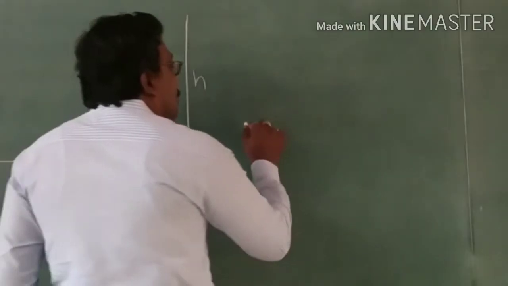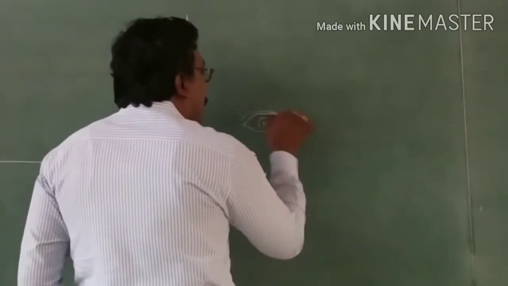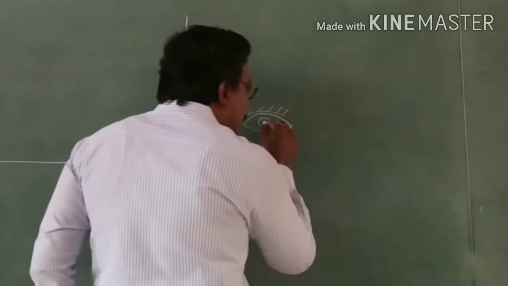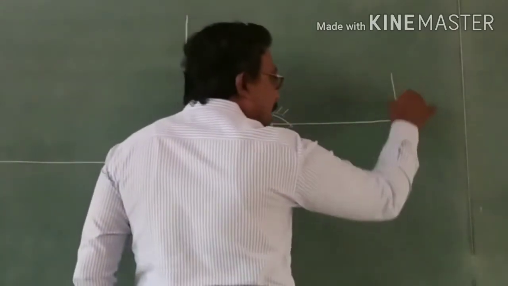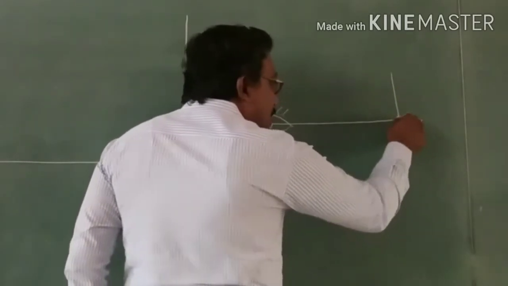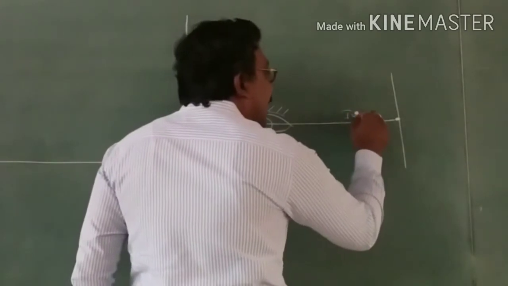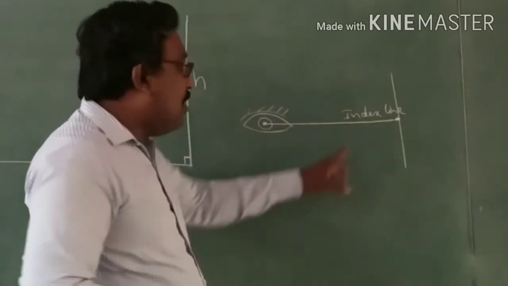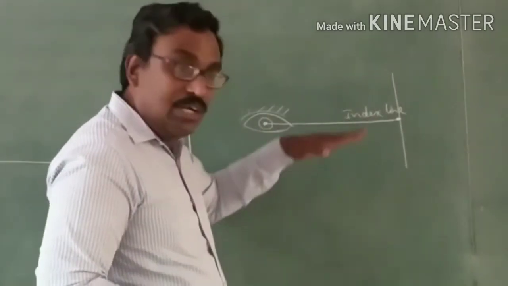Now, suppose an observer. You are an observer. If you look straight at a certain object, then this line is called the index line. That means this line is parallel to the base.